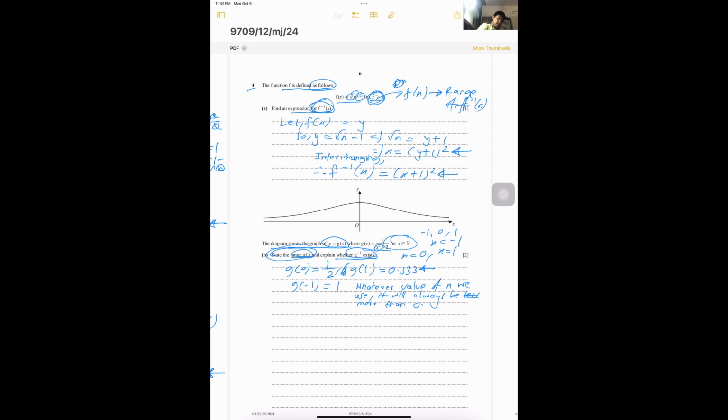Because it's whole squared here. Even if you use minus 2, it will become 4 when you put the whole square, so it can never be less than 0. So that is what I was trying to test in these values first up. So the first thing is g(x) would be greater than 0.